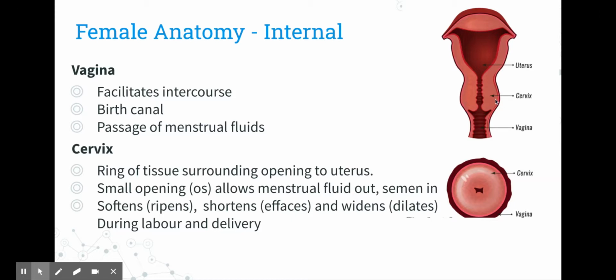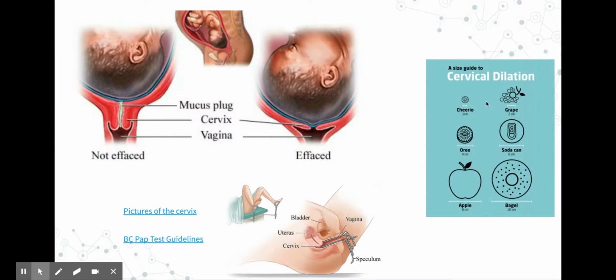When you watch a show, or if you've ever had any pregnant ladies in your life, and they talk about being 10 centimeters dilated, that's what they're talking about here, is the size of the opening of the cervix. 10 centimeters is about the size of a CD or a bagel. So that's the size the cervix has to stretch to accommodate a baby exiting.